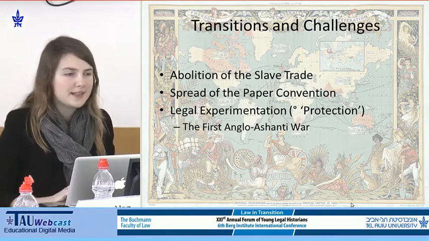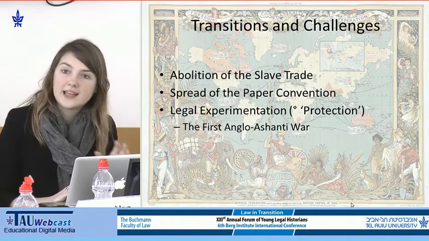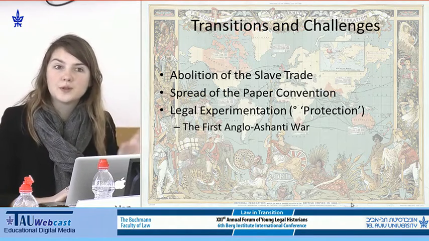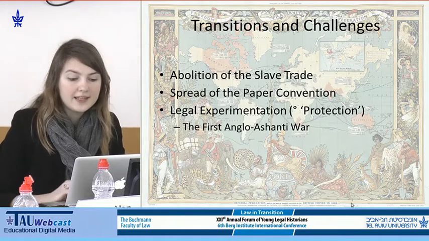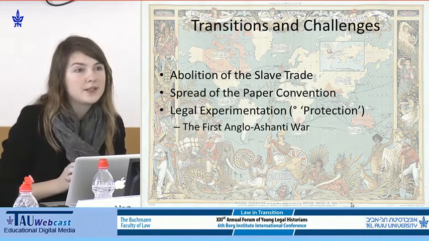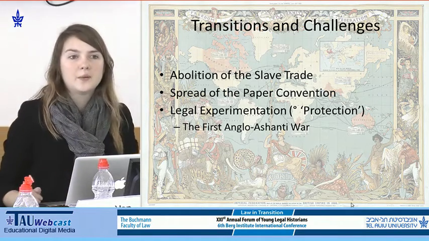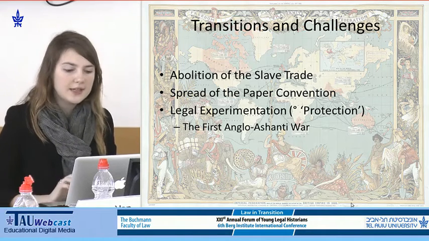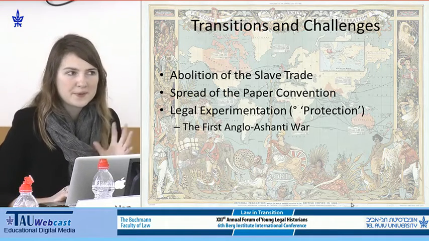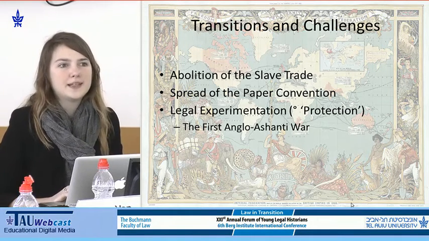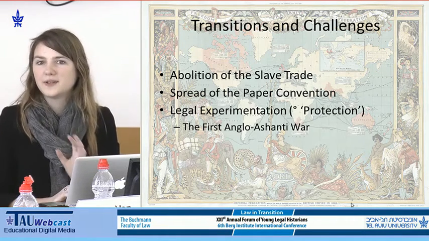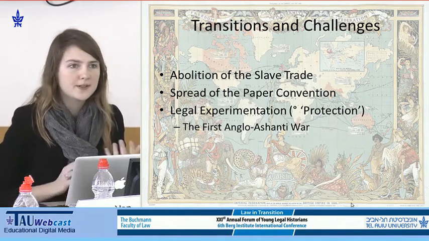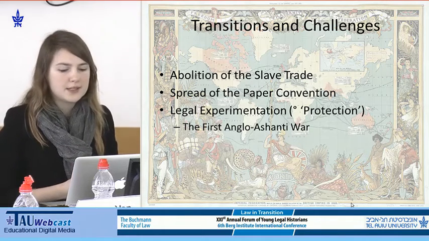And the most famous example, obviously, is these anti-slave trade treaties that were concluded between Britain and various powers, and the subsequent establishment of these courts of mixed commission, where captured slave vessels would be adjudicated. Now, it was, of course, one thing to convince these European powers that the slave trade had to be abolished. It was quite another thing to convince African leaders to do the same, because obviously for them it was also a very lucrative business.